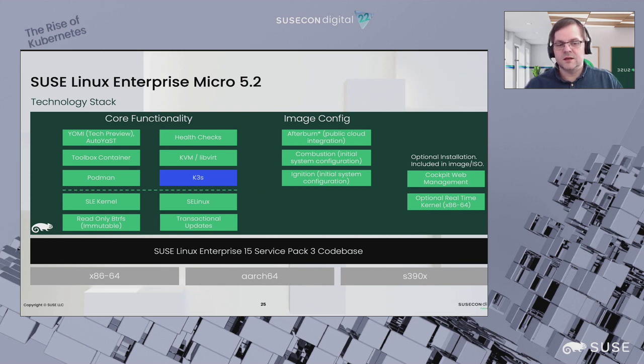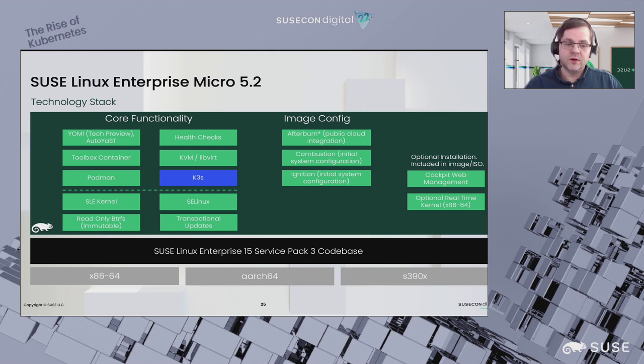With that, let's take a look at the architecture that we've talked about in this session. Again, SLE Micro is based on a SUSE Linux Enterprise 15 code base. We cover 3 hardware architectures with SLE Micro: 64-bit Intel and AMD, 64-bit ARM, and S390. SLE Micro provides an immutable operating system based on Btrfs, here based on this SLE 15 common code base.